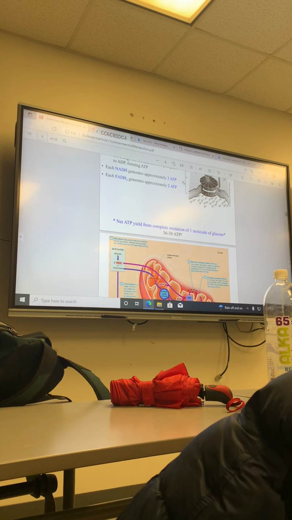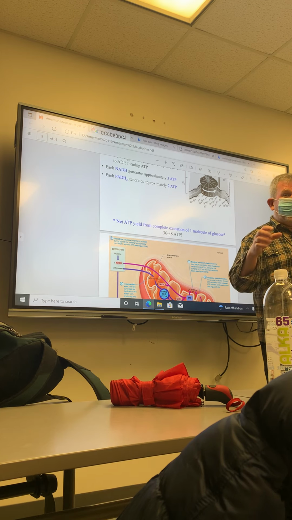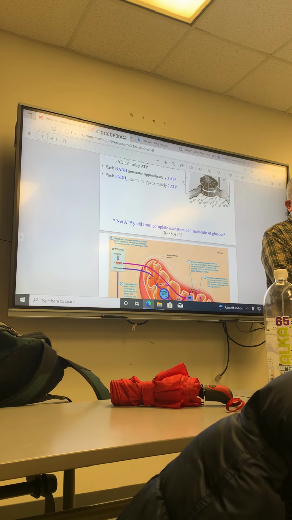How do you get to 38? There's debate that can change, because remember that we have to take pyruvate and things like this into the mitochondria. In some cases it seems like it uses up a little bit of ATP to do that, and in other cases it doesn't seem like it takes an ATP. That's where we get the 36 to 38.